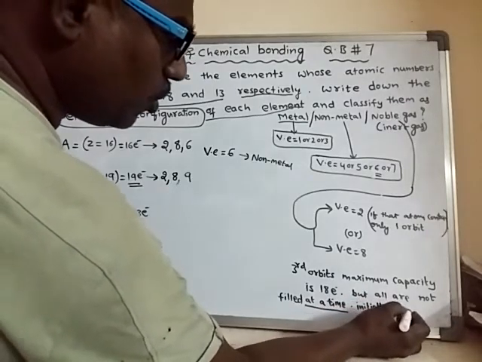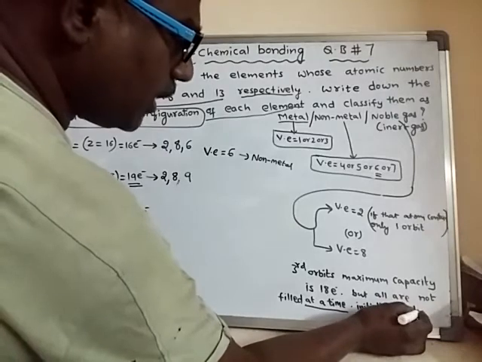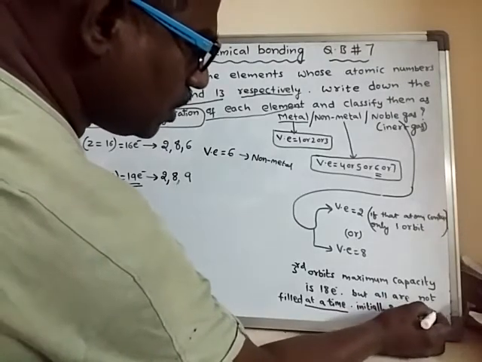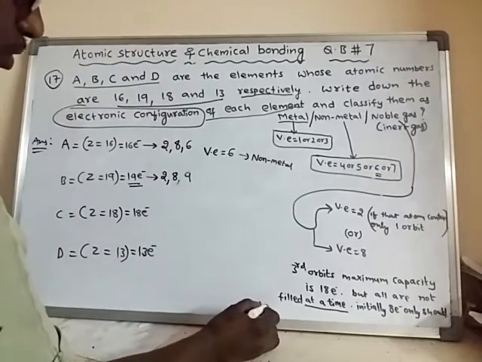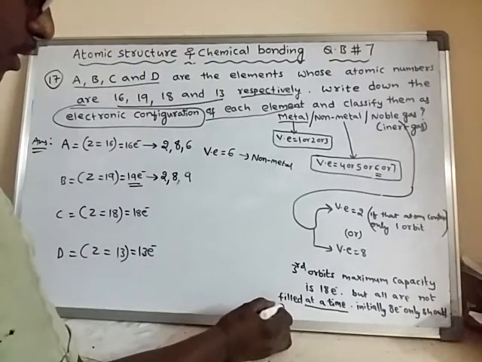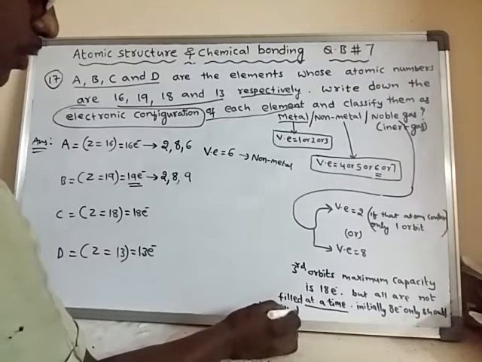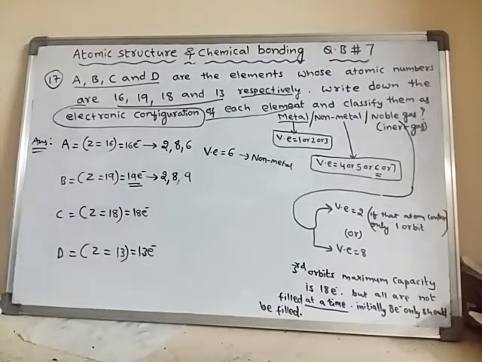Initially, only 8 electrons should be filled.